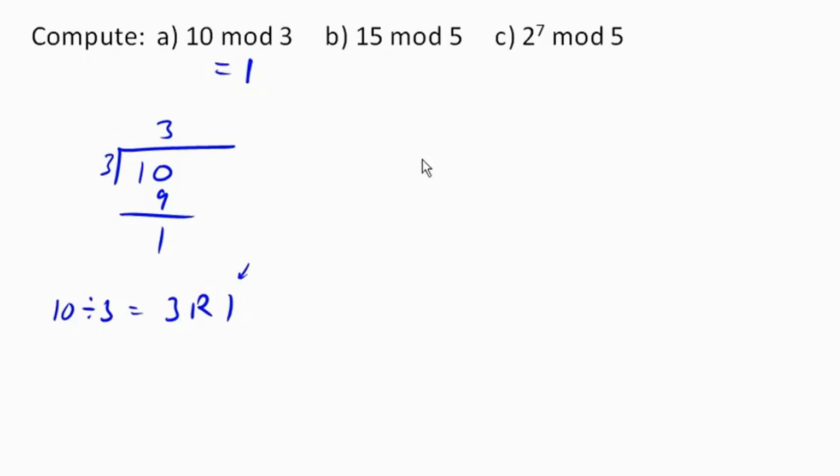So what happens if we try to find 15 mod 5? So that means we're dividing 5 into 15, and it goes in evenly, which means the remainder after division is 0. And so 15 mod 5 is 0. 2 to the 7th mod 5, this is actually not too bad to find, because 2 to the 7th is 128.